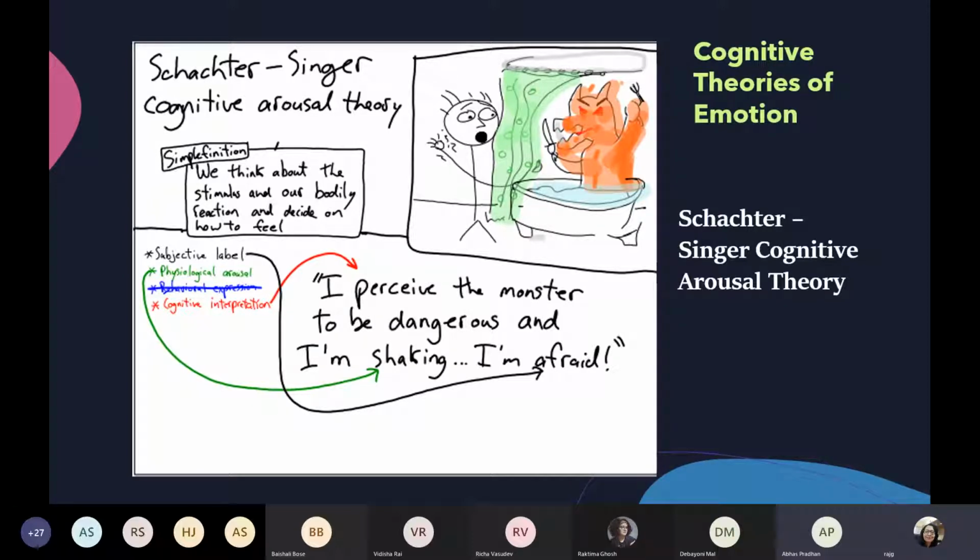What is that cognitive interpretation? That I perceive a monster to be dangerous, and therefore I am shaking and I am afraid. So the first thing is the cognitive interpretation of the situation.